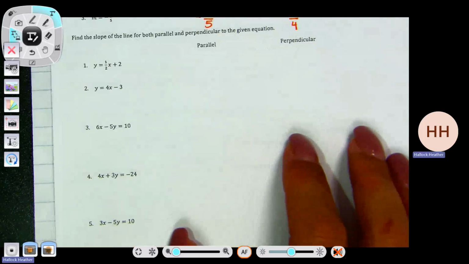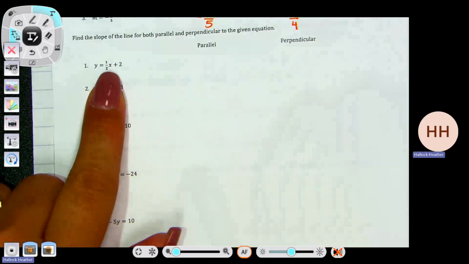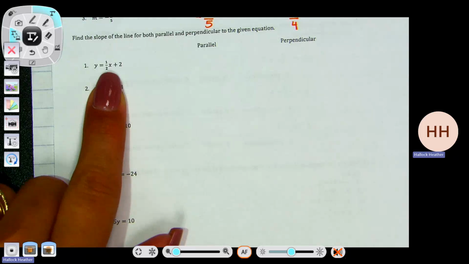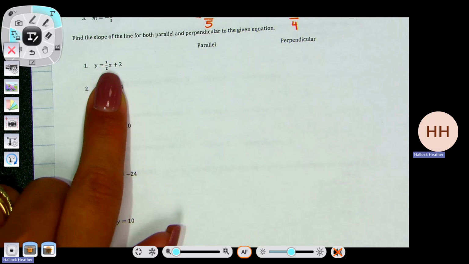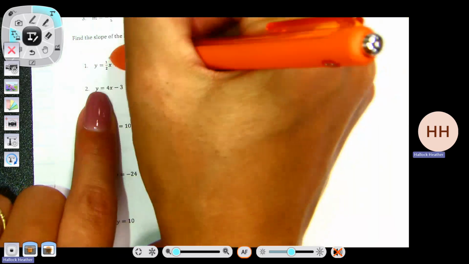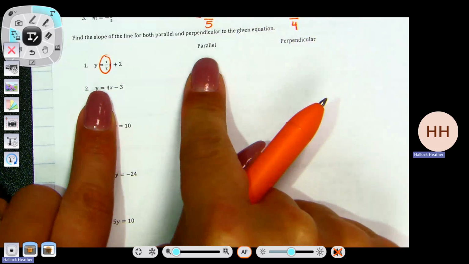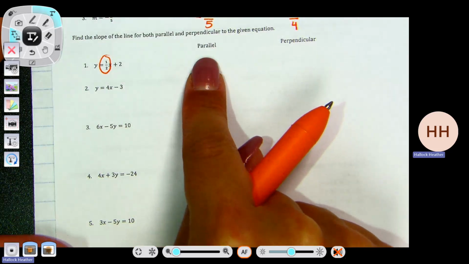So if I give you an equation, y equals 1/2 x plus 2, what is the slope? Is it 2 or is it 1/2? Half, 1/2. So if I want the parallel slope, what's the slope?